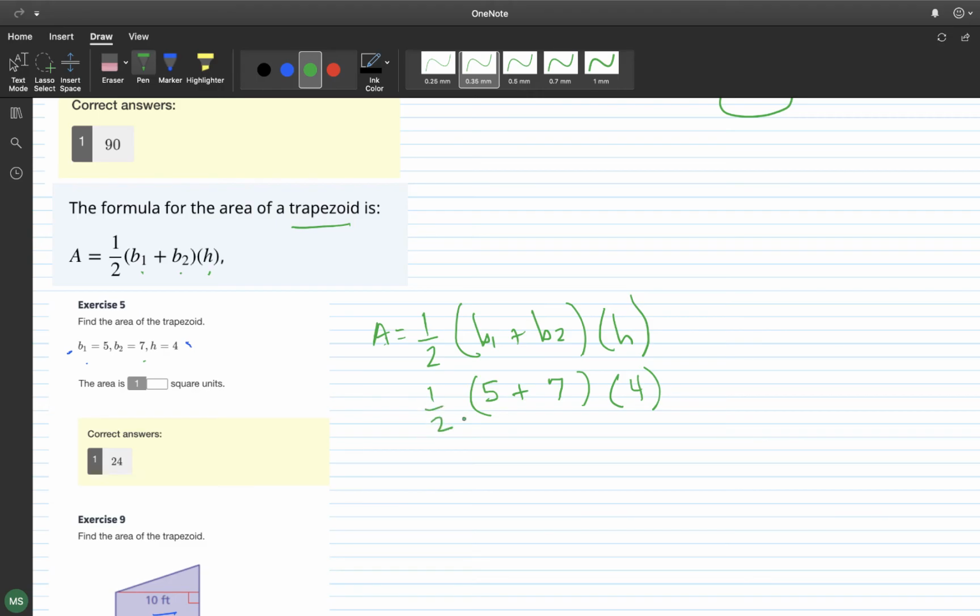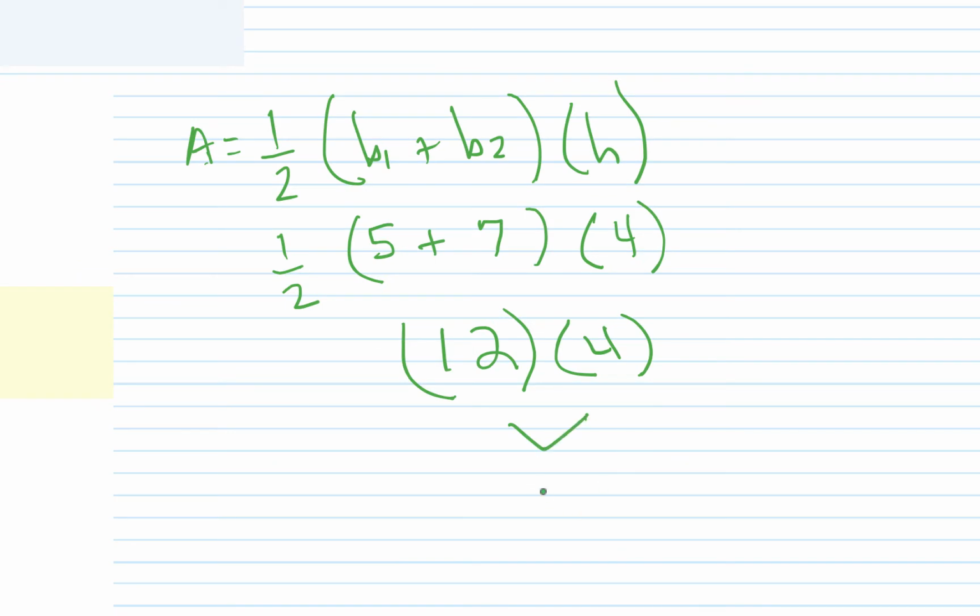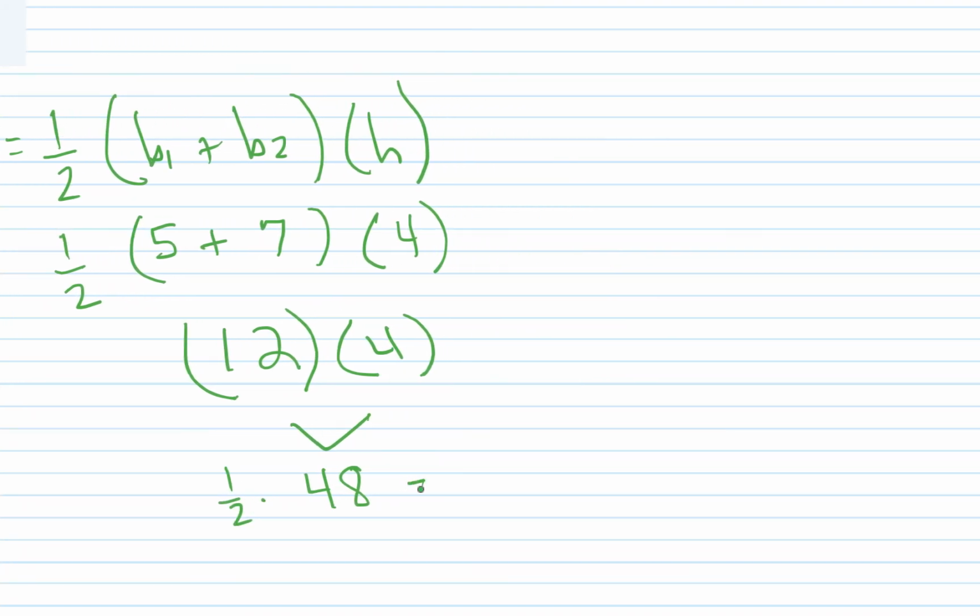And then I'm gonna bring down my 1/2. So 7 plus 5 gives us 12. So I know I'm gonna have to do 12 times 4. I know is 48, right? And then if I go ahead and multiply that out, 1/2 times 48, half of 48 gives me 24.